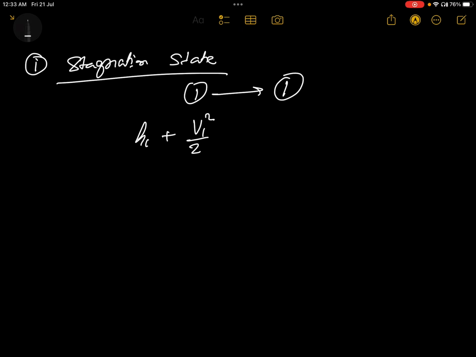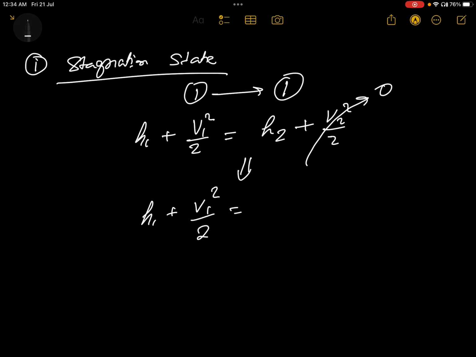When it is isentropically decelerated to zero velocity, the enthalpy at the second state plus v2 square by 2, with the velocity becoming zero, gives h1 plus v1 square by 2 equal to h2 naught. We can say it is the stagnation state of state 1, h naught 1.